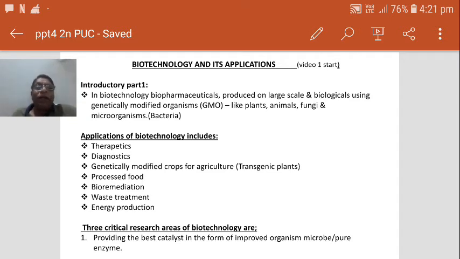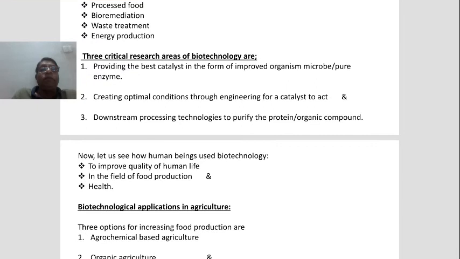Now, we shall see three critical research areas of biotechnology. The three critical research areas of biotechnology are: one is providing the best catalyst in the form of improved organism, microbe, or pure enzyme. Creating optimal conditions through engineering for a catalyst to act.